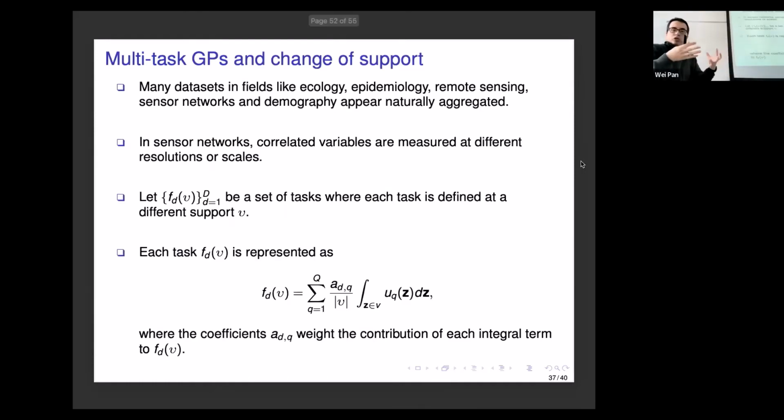And then you want to combine all those into a model. So basically, the idea is the same. The only thing that changes is that prior to using these latent processes, we integrate them over the support, the compact support that we want to refer to for that data set.